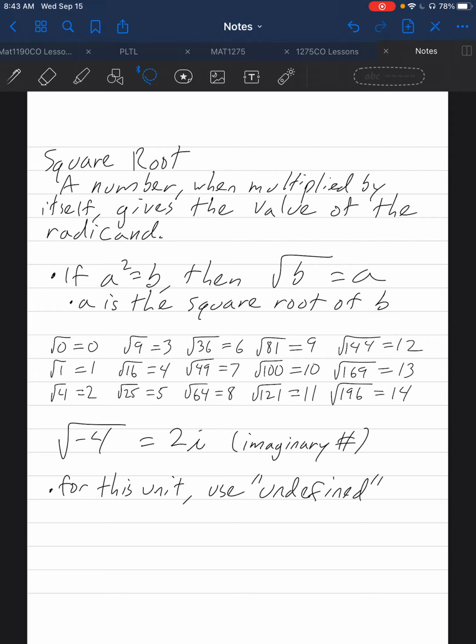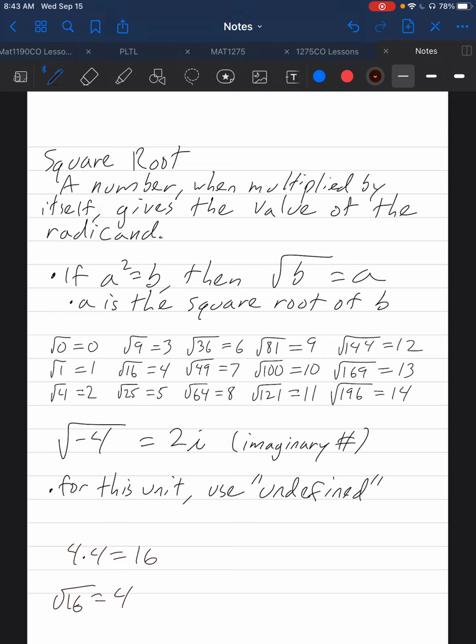One of the most important things, we will venture into this in a little bit: because of the nature of a square root, if you are multiplying 4 times 4, that equals 16, which means that the square root of 16 is equal to 4.